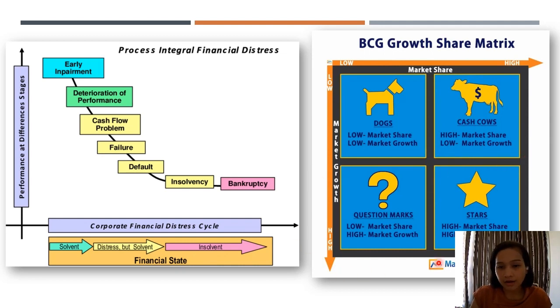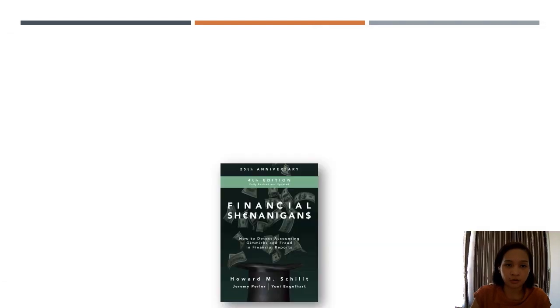And then the bottom left is the question mark. It is when the market share is low but the market growth is high. And the bottom right is stars. It's both high market share and high market growth.